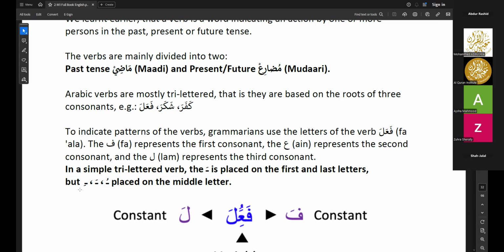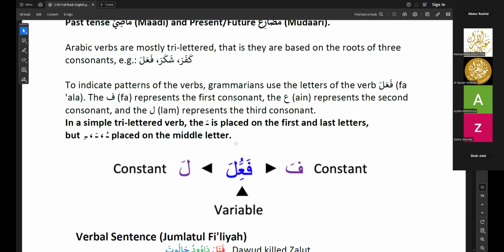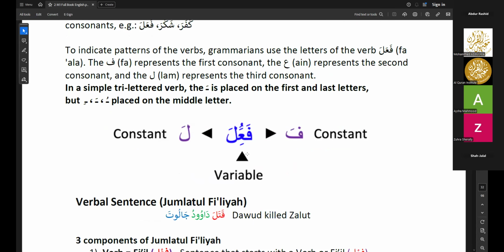The lam kalima has fatha, but in the middle, in the ain kalima, you can see the three haraka given: kasra, fatha, and dhamma. So these are the general rules: any triliteral fail madi, first and last letters will have fatha, and the middle letter can have dhamma, fatha, or kasra.